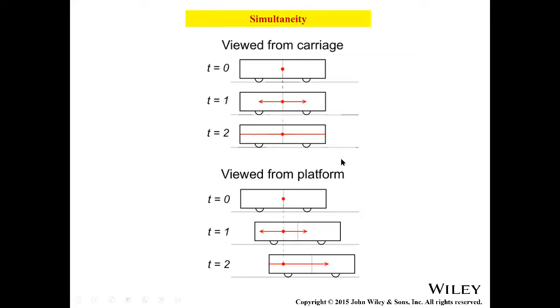But now your friend who is on the platform will say, wait a minute, wait a minute. You did throw two balls, but because you are moving, the back end of the train is rushing to meet your ball, right?